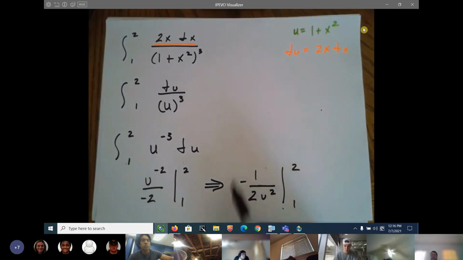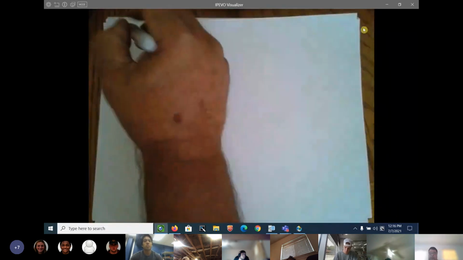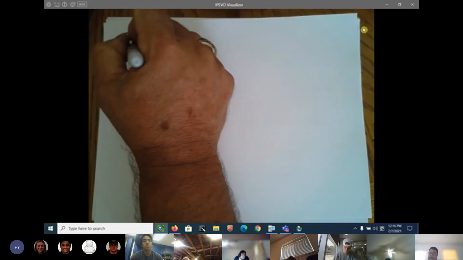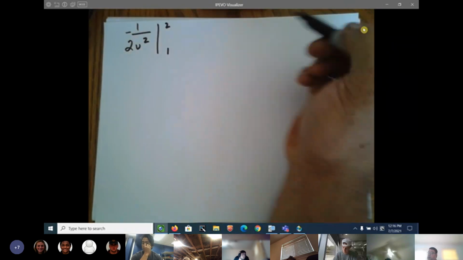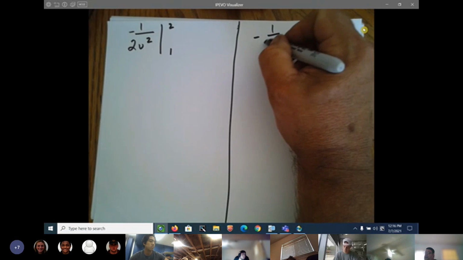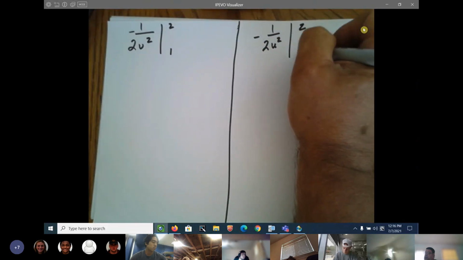We're going to take this over to the next page and do it both ways. Okay. So we're going to get negative 1 over 2u squared, evaluated at 2 and 1.